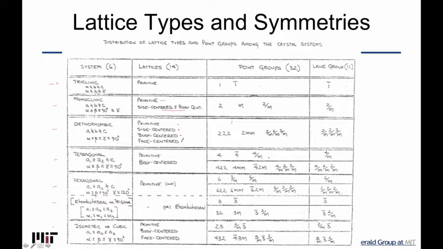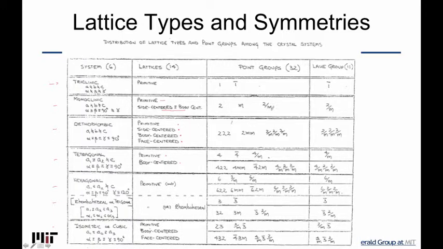And then we picked up another one which is a face-centered, so quite a few varieties in the orthorhombic case. And then, of course, a bodied-centered and primitive choice in the tetragonal case, hexagonal, primitive, and rhombohedral, and then bodied centered and face centered and primitive in the cubic case.